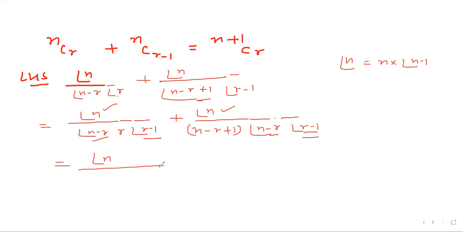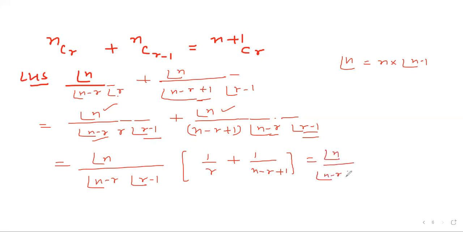So factorial N divided by factorial (N minus R) and factorial (R minus 1) when we take common, then we are left with 1 upon R plus 1 upon (N minus R plus 1). So if we take LCM, factorial N divided by factorial (N minus R) factorial (R minus 1), times (N minus R plus 1 plus R) divided by R times (N minus R plus 1). So R will cancel out and we will be left with N plus 1.